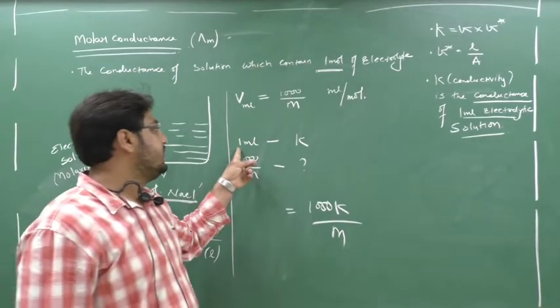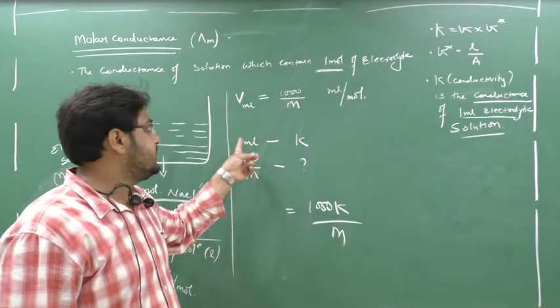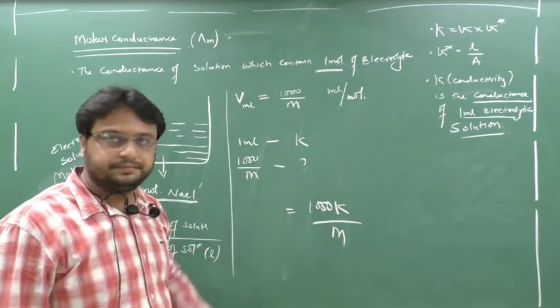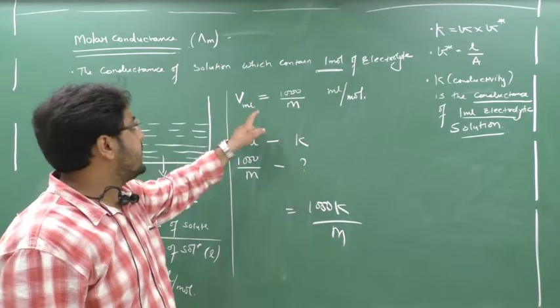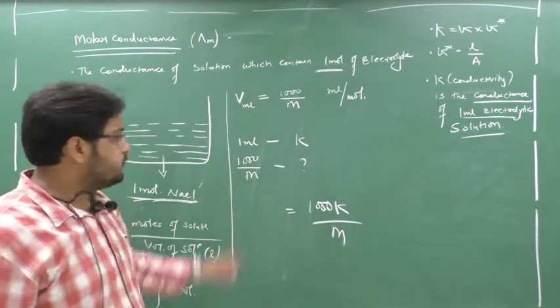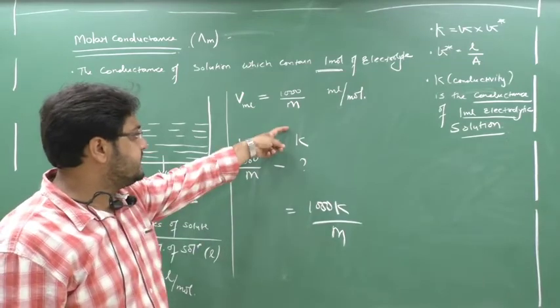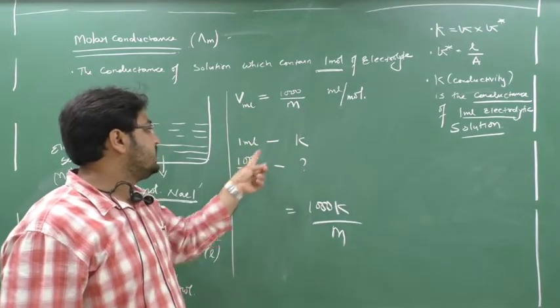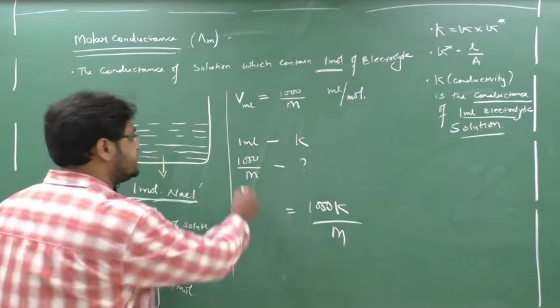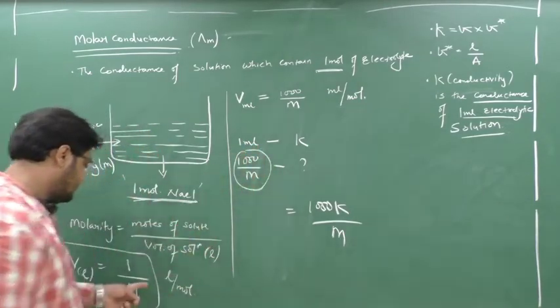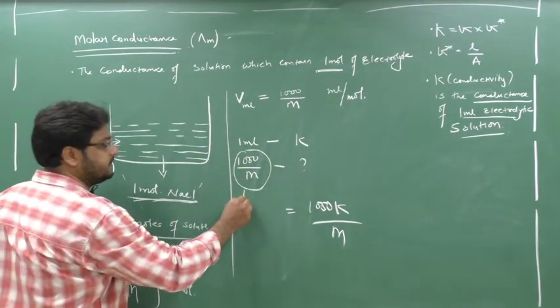When the conductance of 1 ml solution is K, and I have 1000 by M ml of solution, what will be the conductance? So 1000 K by M. And this is nothing but the volume of solution, in ml, which contains 1 mole.